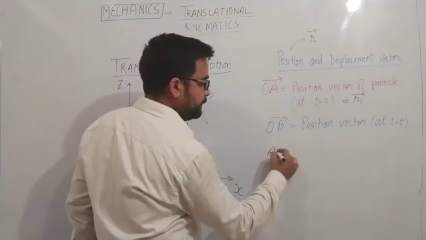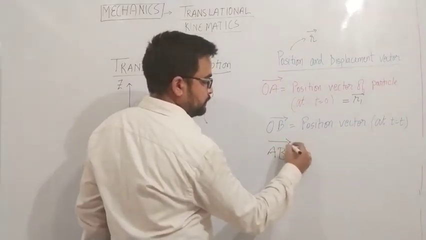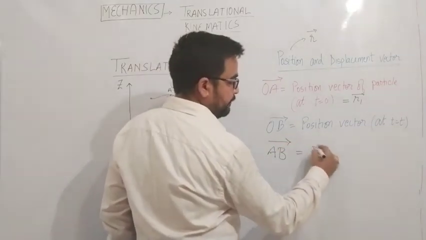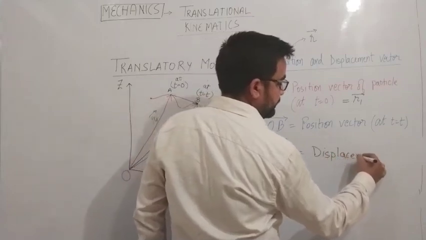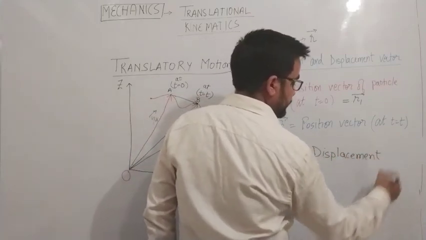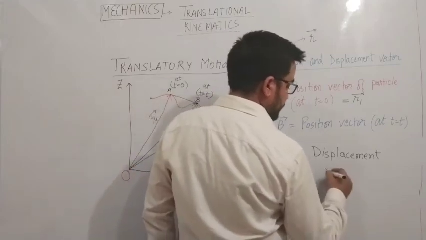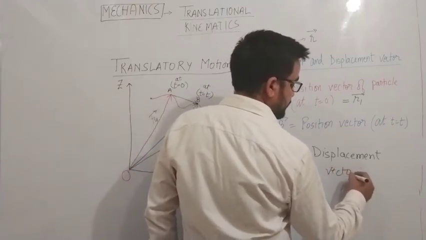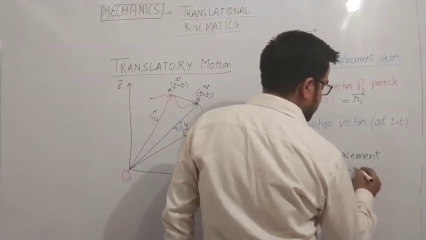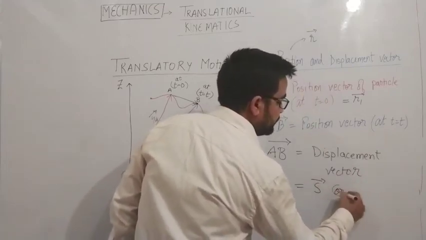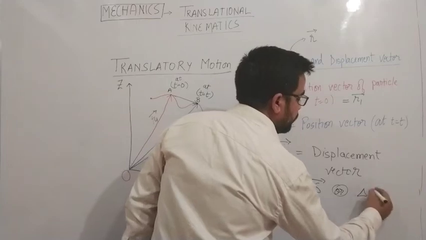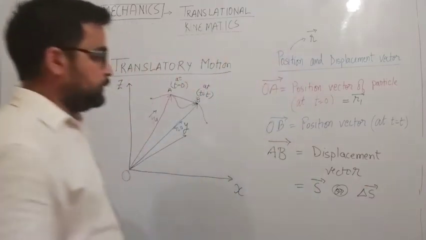Vector AB will be your displacement vector, that is generally written as S or vector S, or sometimes delta S also, right?